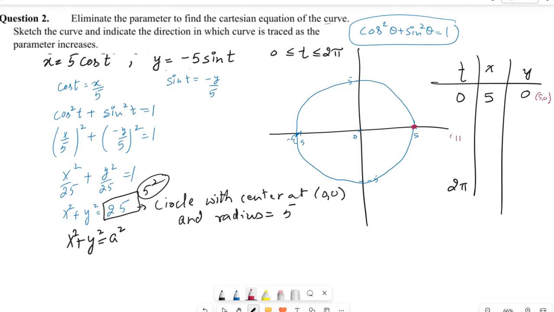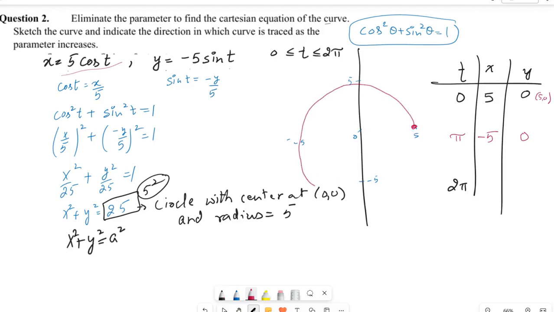Let's find an in-between point somewhere, at pi. When I put pi in this, 5 cosine pi should be negative 5. And when I put pi in y, that should be 0. So this is this point. So our graph is going from here, where t is 0, to here, where t is pi. Let's try 2 pi.